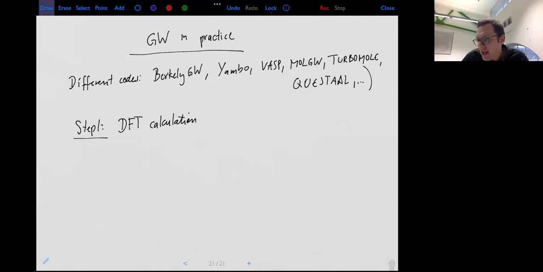Any of those. The important thing, though, that might be a little bit unconventional, is that you would need both the occupied states and the empty Kohn-Sham states.